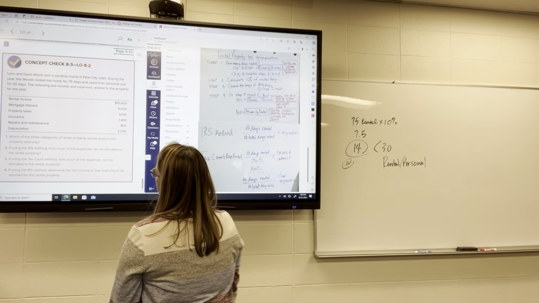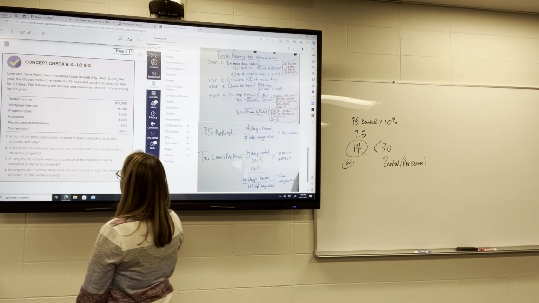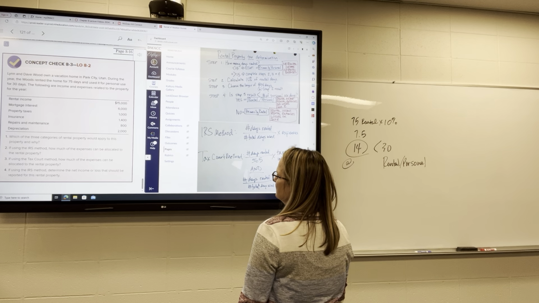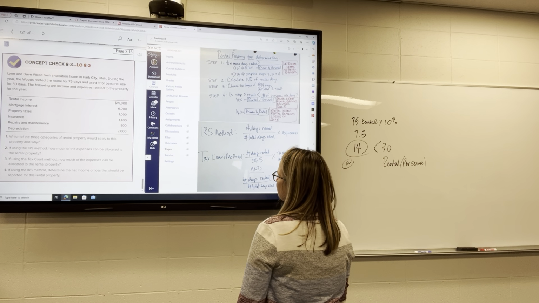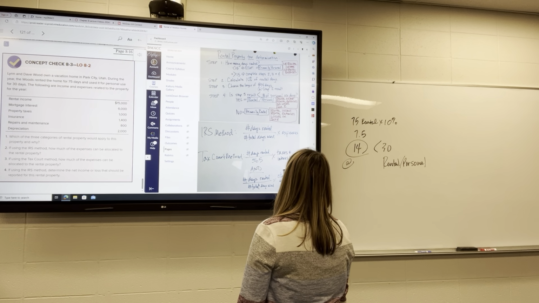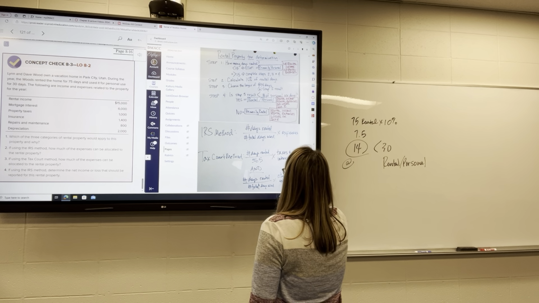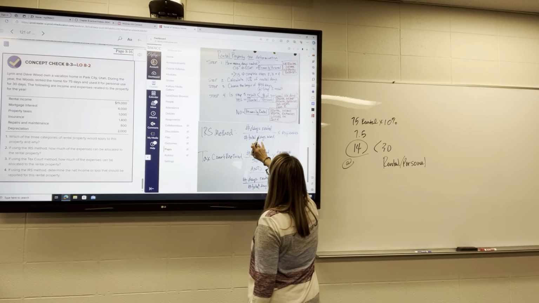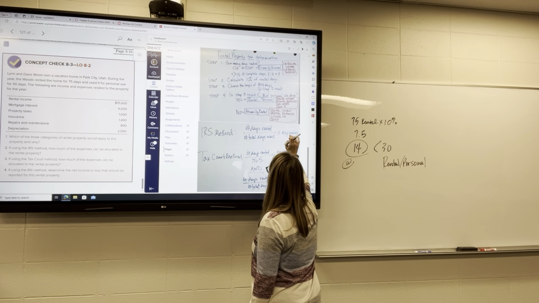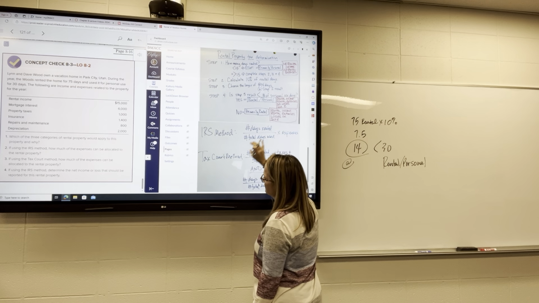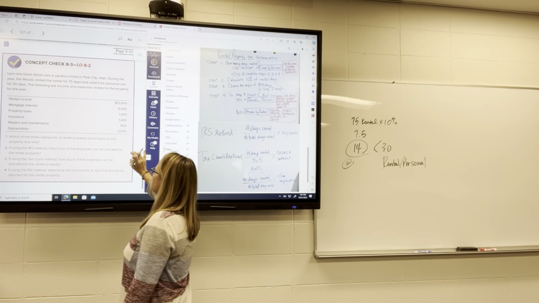Now, if using the IRS method, how much of the expenses can be allocated to the rental property? All right, so for the IRS method, we take the number of days rented divided by the total days used, times the total expenses. That's the amount of expenses that are allocated.